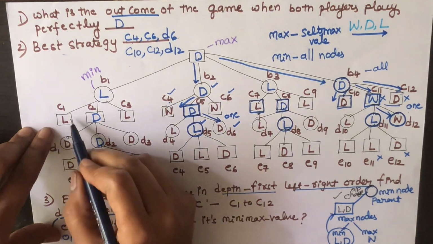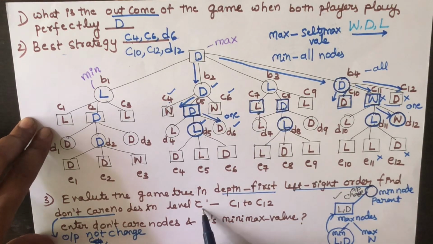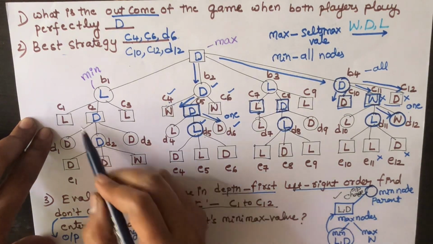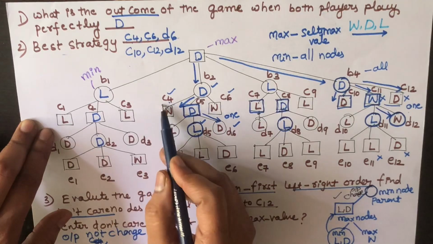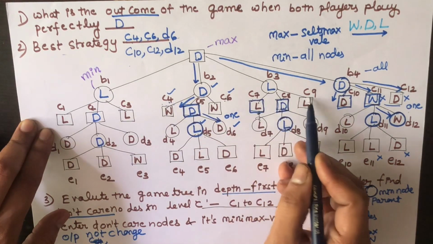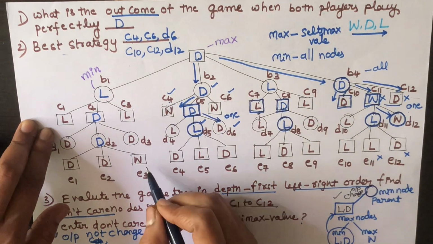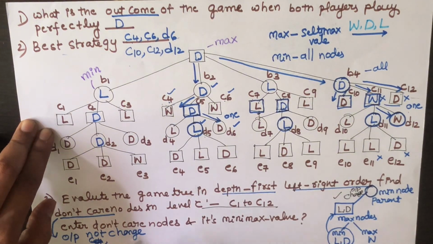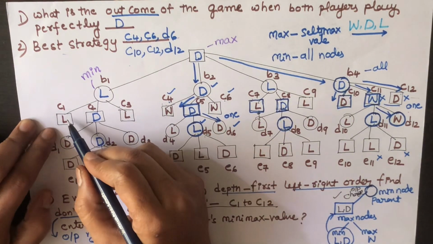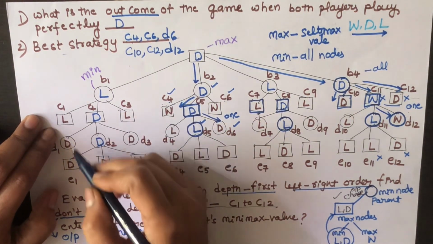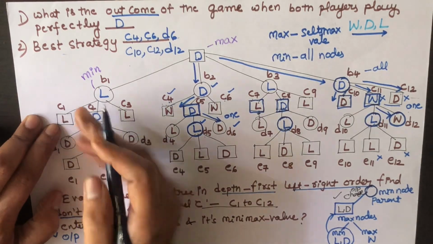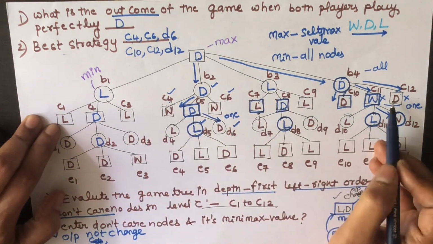See, come to level C. They are asking level C, C1 to C12. So C1, C2, C3, C4, C5, C6, C7, C8, C9. What are the don't care nodes? Don't care nodes means the output does not change. Consider depth first. Depth first means start from C1 and go left to right, C1 to C12.